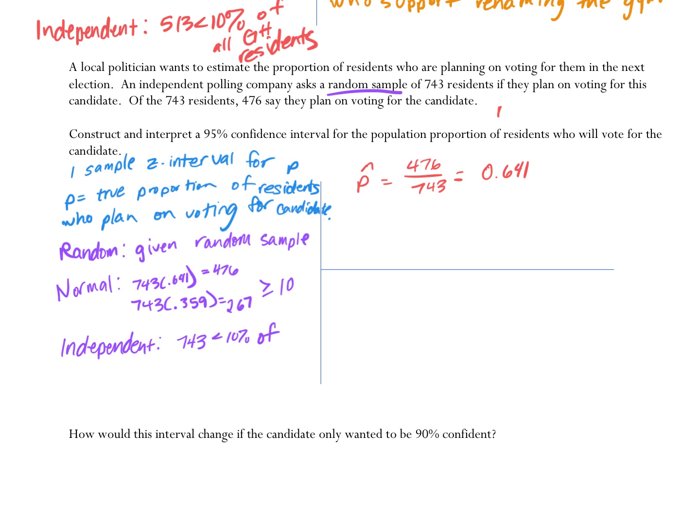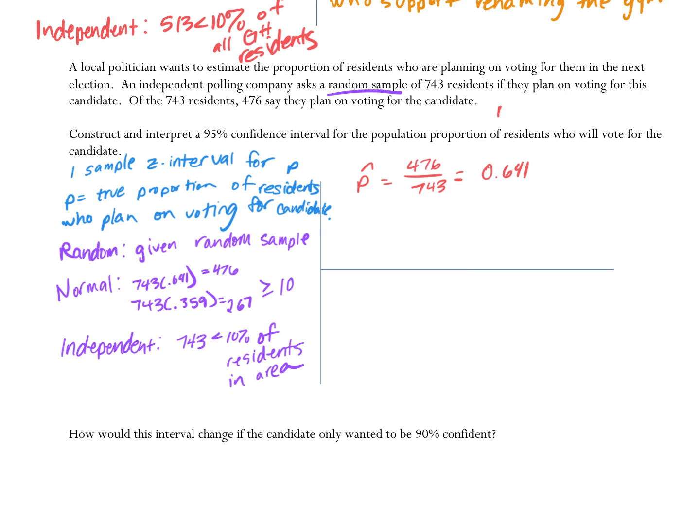In this case, that'll be residents in the area, or who could potentially vote for this candidate. You can just assume. Okay?